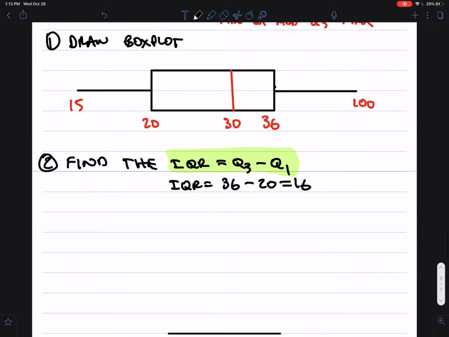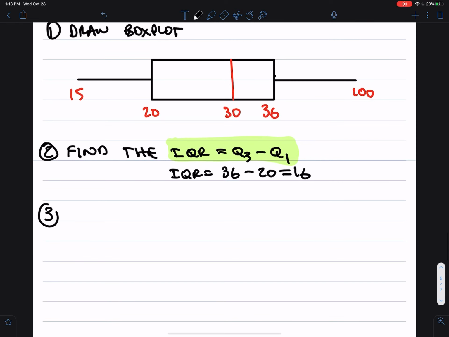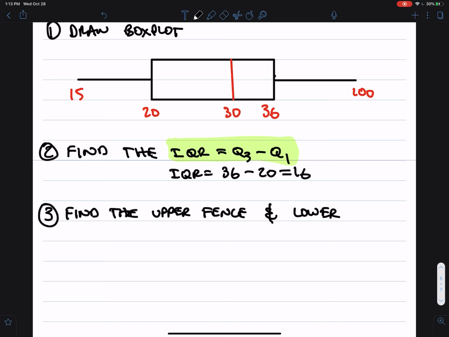The third question I'm going to ask is, I want you to find the upper fence and lower fence. Or instead of fence, some books use boundaries. So you can even call it upper boundary and lower boundary.